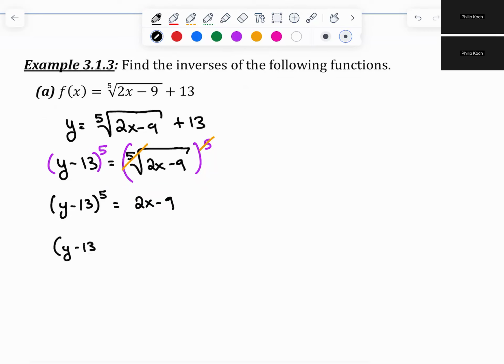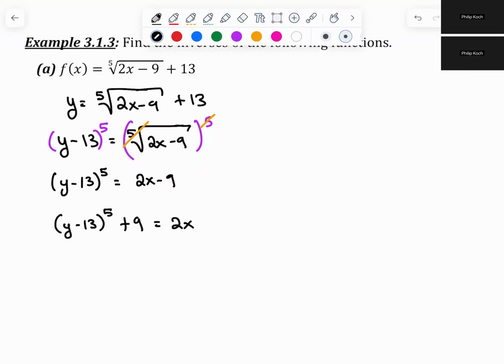The y minus 13 to the 5th plus 9 is equal to 2x. And so that gives us y minus 13 to the 5th plus 9 divided by 2 is equal to x.